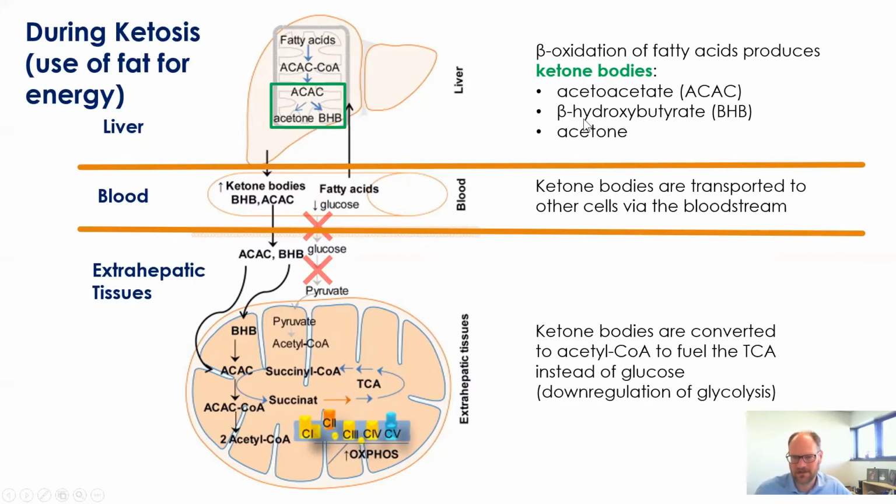So people who are ketotic or secreting these ketone bodies, you can actually smell it. There's sort of a sweet smell on the breath, and that's from the off-gassing of acetone. So they can be used in the TCA cycle and used to support energy metabolism, but they cannot be converted into glucose.